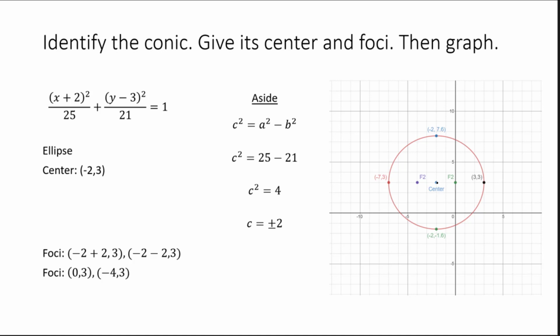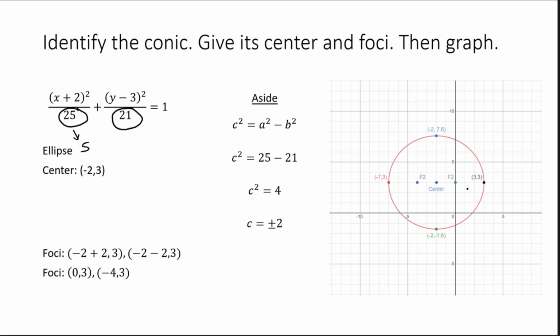Now to figure out how far we go up and down and how far left and right, we still use these numbers just like we did if the center was at the origin. So if you take the square root of 25, that gives you 5. That gives us how far to go from the center, left and right, in the x direction. So if you go from the center to the left 5, that takes you over here to negative 7, 3. And go to the right 5, it takes you over here to 3, 3.